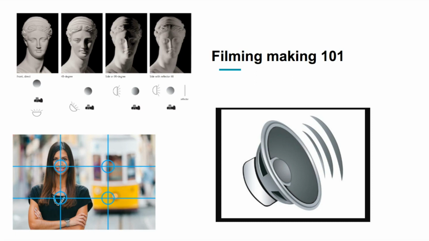So now, in terms of filming 101, it's important to always consider your lighting. You want to shoot with the sun behind you, or else your images will get bleached. And always try also to shoot your cell phone video in landscape mode.